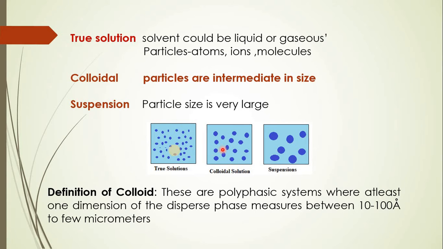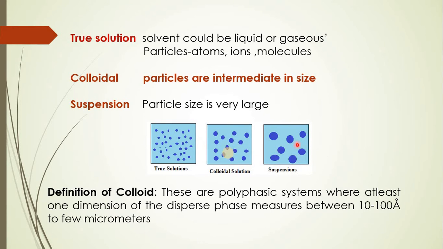Obviously, the distinction between the true solution and colloidal solution is with reference to particle size. The particle size is much larger as compared to that observed in the true solution. In the third box you can see a light blue solvent holding once again very large particulate matter.